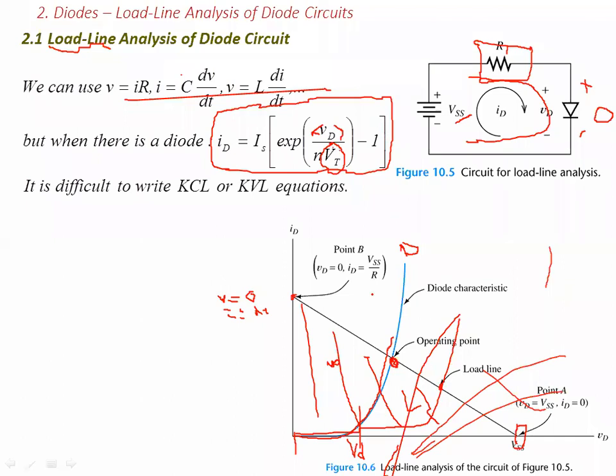So the diode can operate anywhere within this shaded area, in which VD is less than VSS to a point where VD is equal to 0, and also where I is equal to 0 to I is equal to VSS over R, looking at this equation. So that is what we call the DC load line.